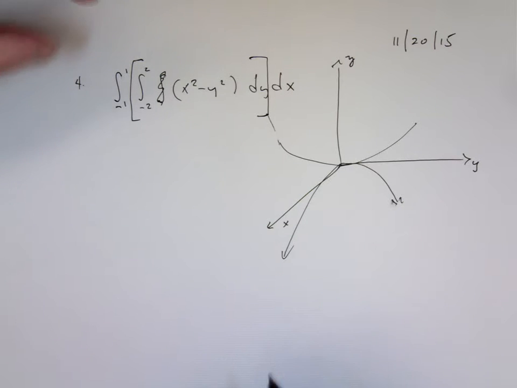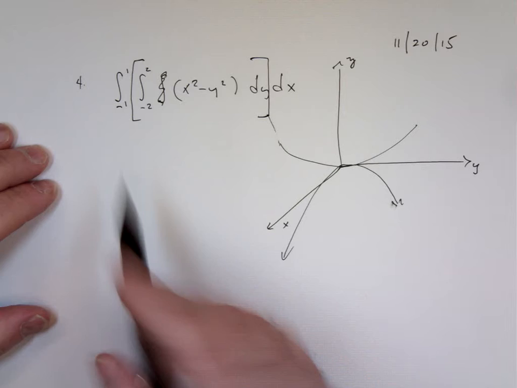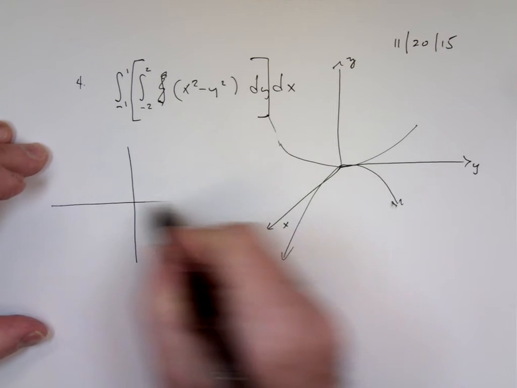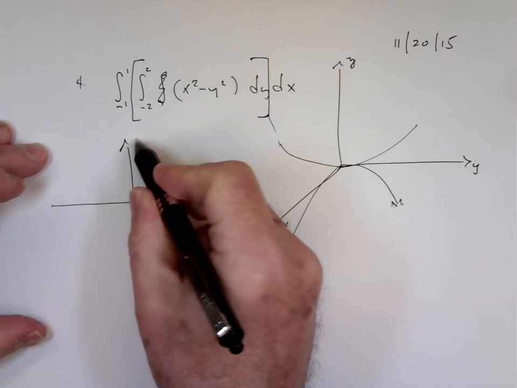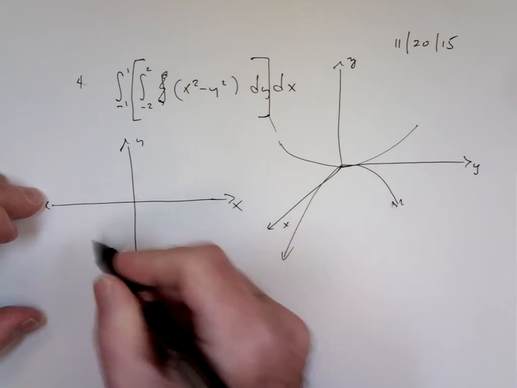Here we go. Now, what are you doing here? You've got this saddle, this surface here, and you're taking the double integral over this region in the xy plane. Now, what's this region in the xy plane? That's a little easier to draw. The y's are going from -2 to 2.